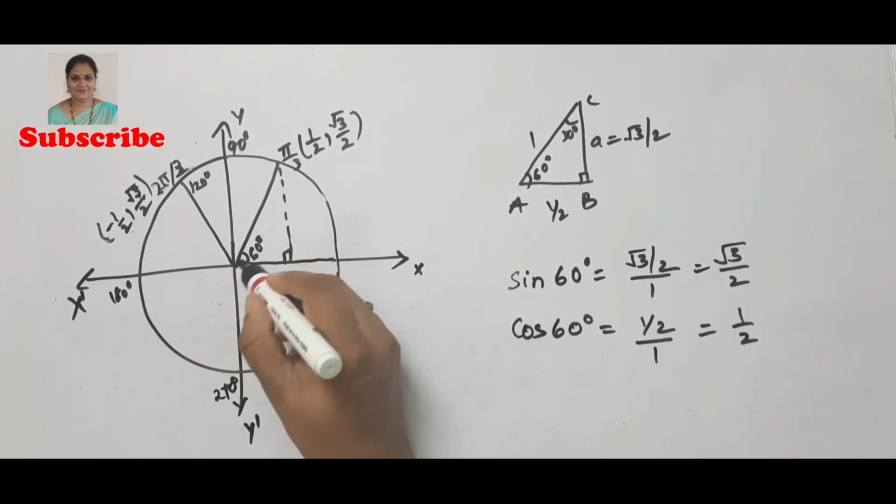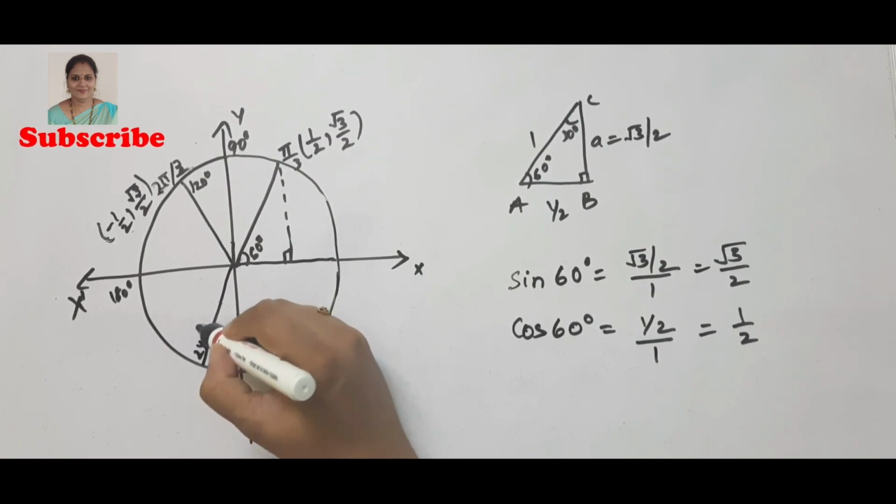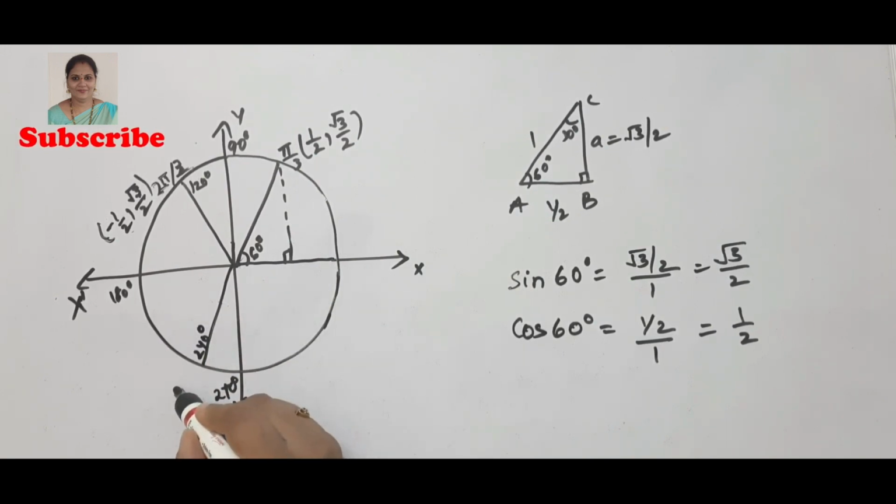Now, similarly, if we calculate at 240 degrees, which in radians we can write as 4 pi by 3, here x is negative and y is negative, is it not? So the coordinates will be minus 1 by 2, minus root 3 by 2.